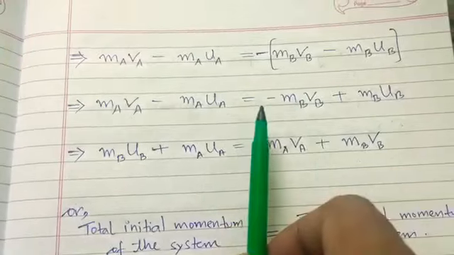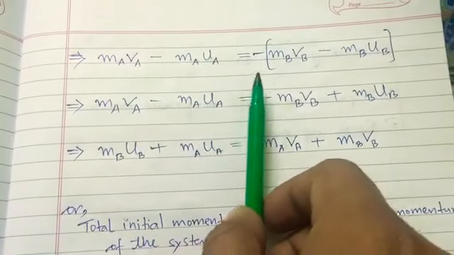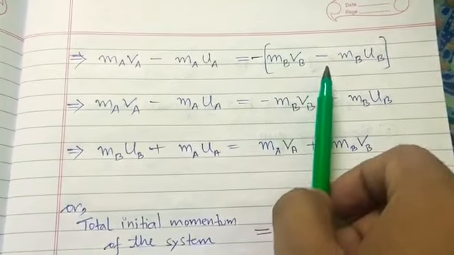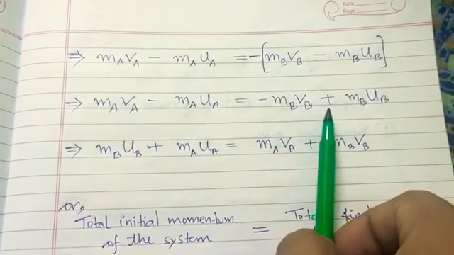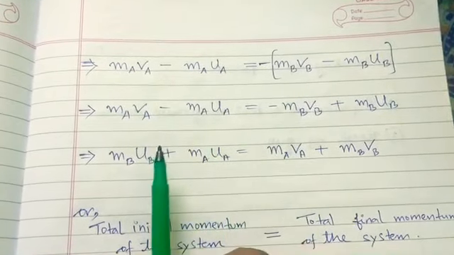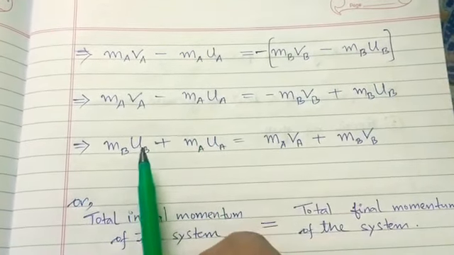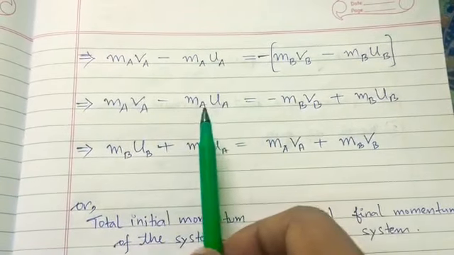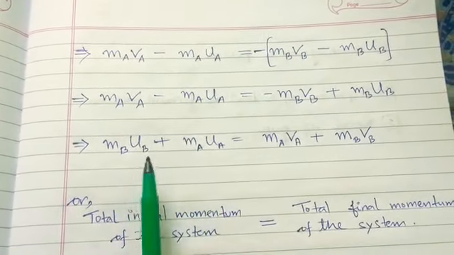Clear? You can see it. I have removed the bracket. When it will be removed, this minus will change to plus. Okay. Now I have arranged it. You can see. কেনেকৈ মই arrange কৰিলো, u ফালে আনিলো, v ফালে লৈ আনিলো, ঠিক আছে? Can you see it?